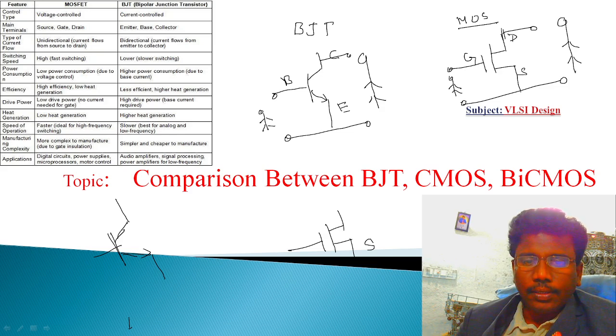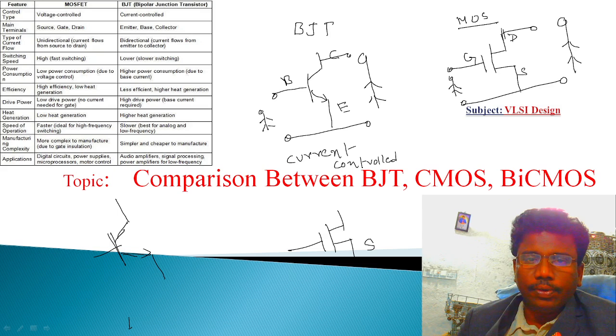The main difference, as we know, is that the bipolar transistor is a current control device. While giving biasing, we are increasing electrons, so there is a chance to get more noise in the bipolar transistor.